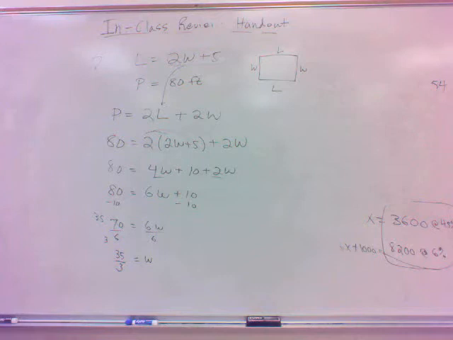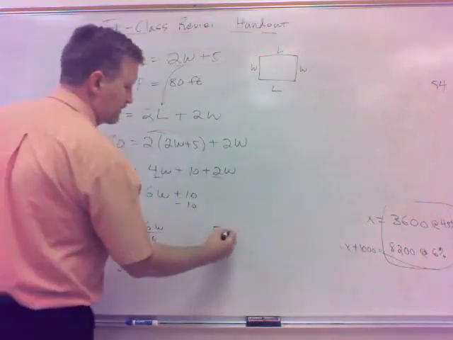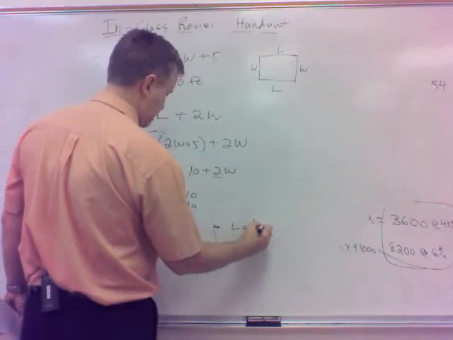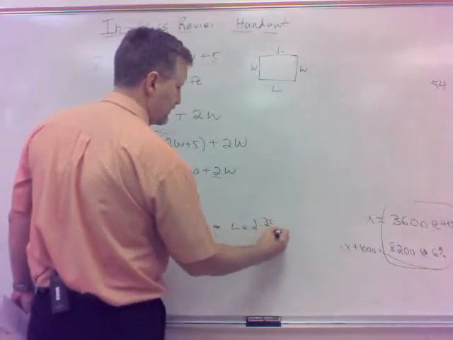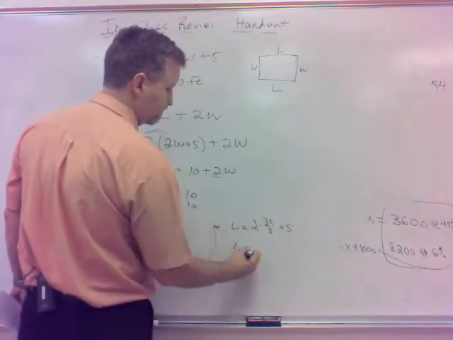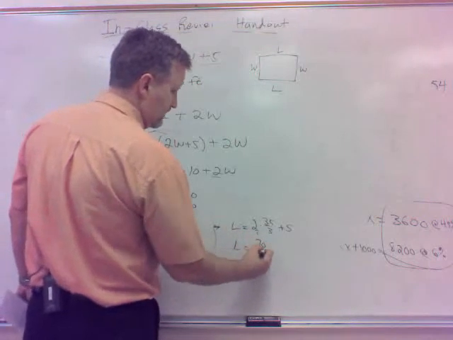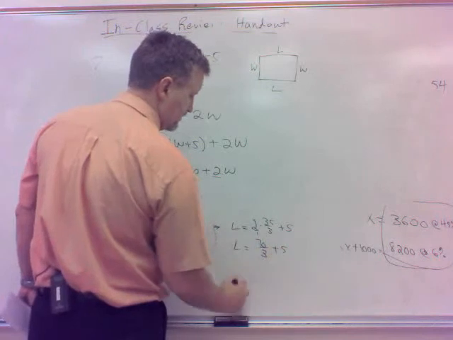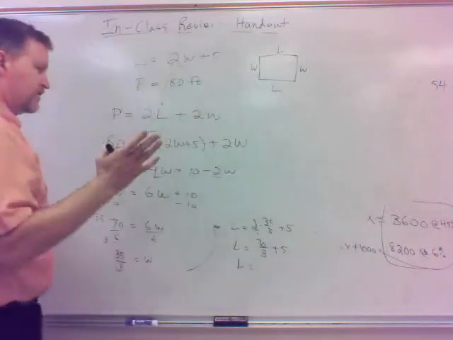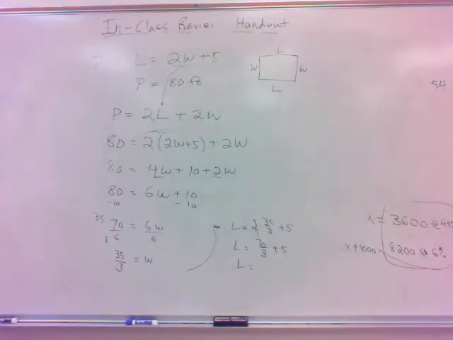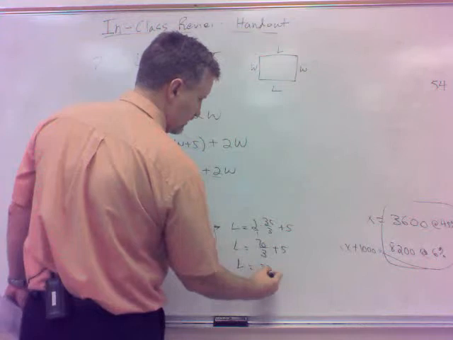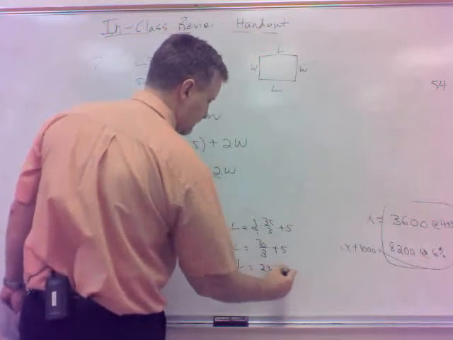Which is 35 thirds, let's just say that. Then the length is 2W plus 5, so that would be 2 times 35 thirds plus 5. 2 over 1, so that would be 70 thirds plus 5, so that's going to be your length. 70 thirds, we can change that to 23 and a third, plus 5.